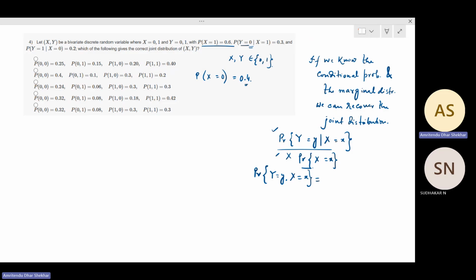Now the conditional probability is an actual probability, so the probability of Y equals 1 given X equals 1 and the probability of Y equals 0 given X equals 1 should sum up to 1. And so we get that the probability of Y equals 1 given X equals 1 is 0.7.